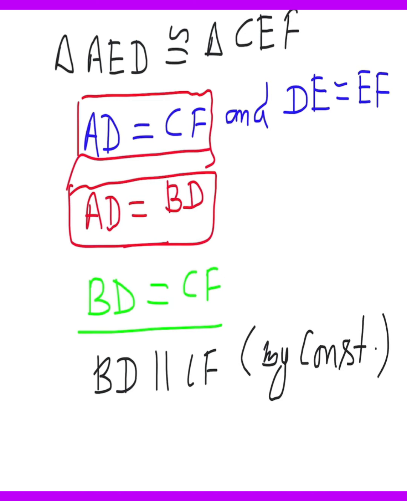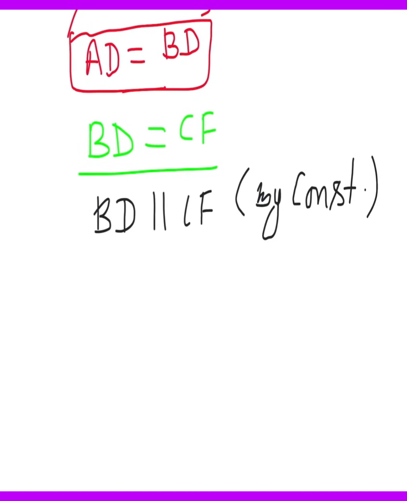So you can say that if one pair of opposite sides of a quadrilateral are equal and parallel, then the quadrilateral is a parallelogram. So finally you will write here that BCFD is a parallelogram.